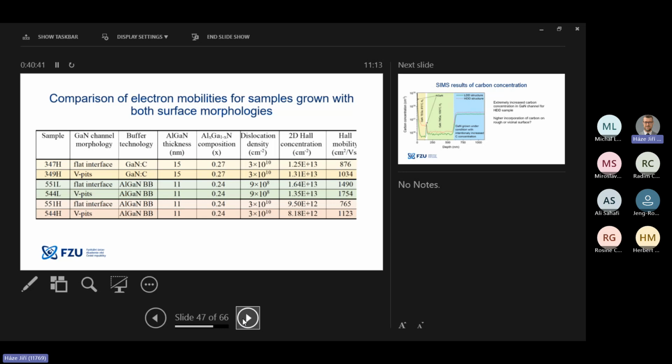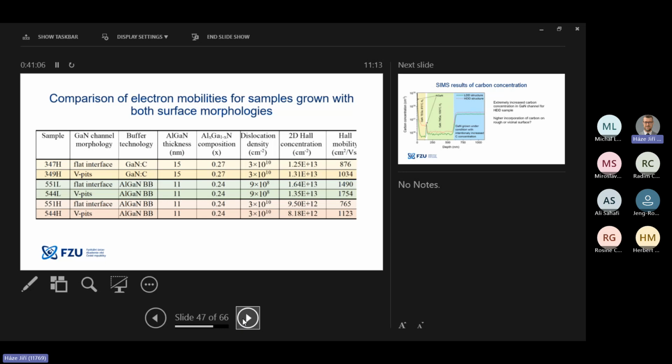We only changed the V-pits in the structure versus a flat interface, and you can see here that in comparison we always get better Hall mobility in case that we have V-pits. We have proved it for both structures, which have higher dislocation density and lower dislocation density.